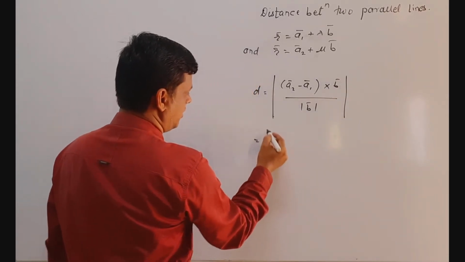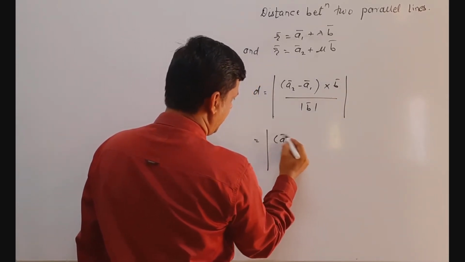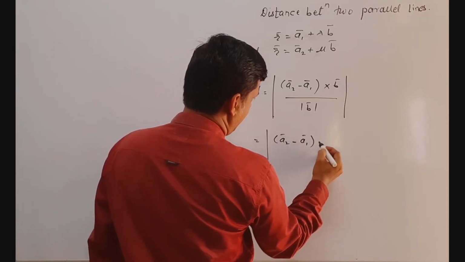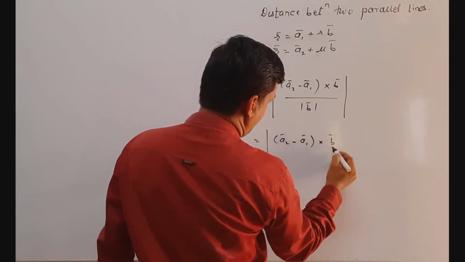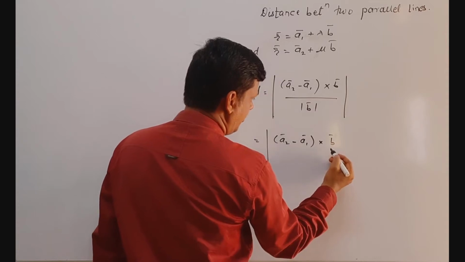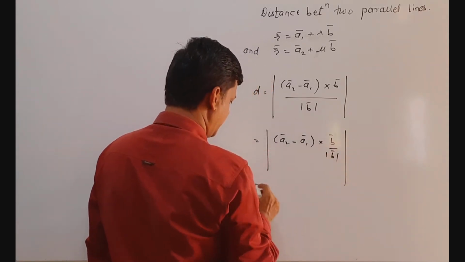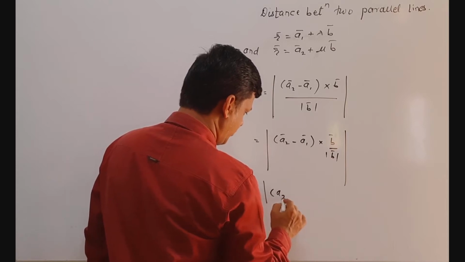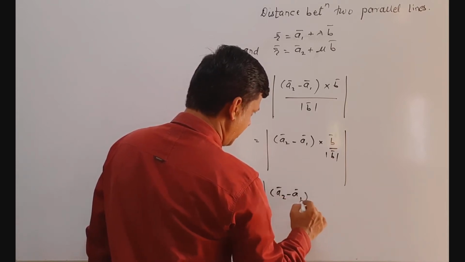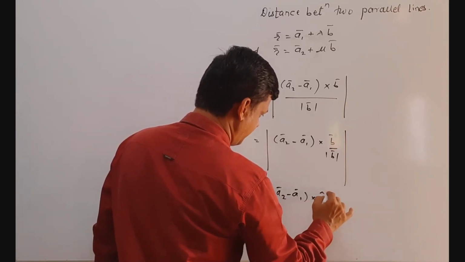So this also can be written as vector a2 minus vector a1 cross b bar upon magnitude of b bar. So this is unit vector, so we write this in this form also, vector a2 minus vector a1 cross b cap.